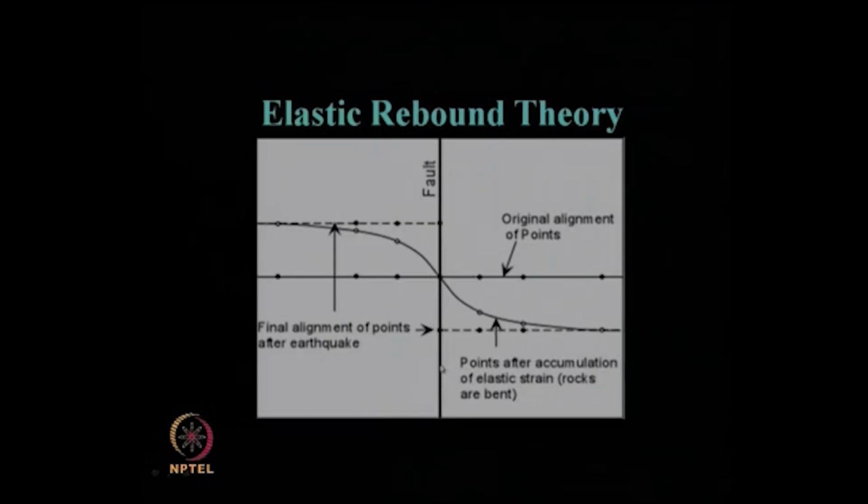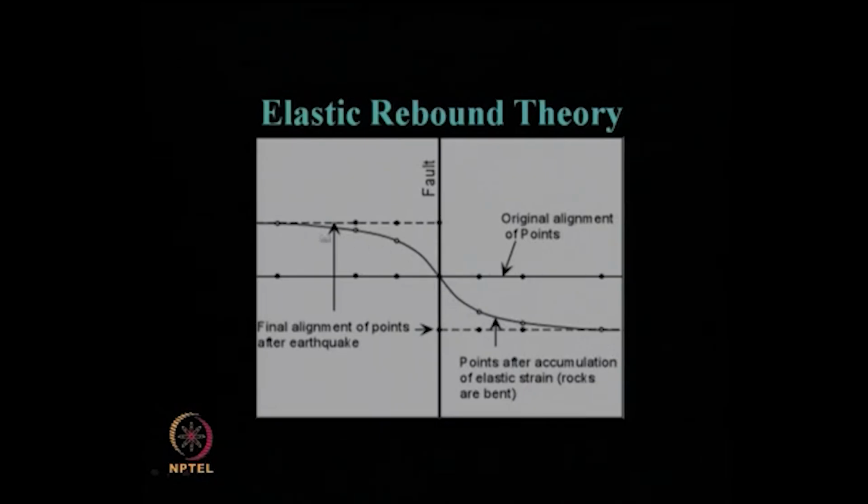Now, what happens? After accumulation of elastic strain, that is, rocks are trying to bend, and that bending occurs, as we have mentioned, by what drives the plate movements. Because of those reasons, this rock gets accumulated with elastic strain.